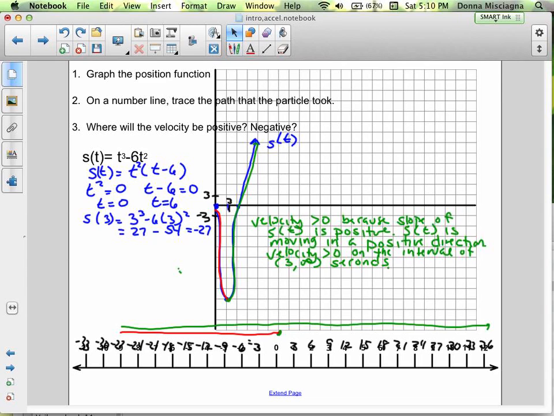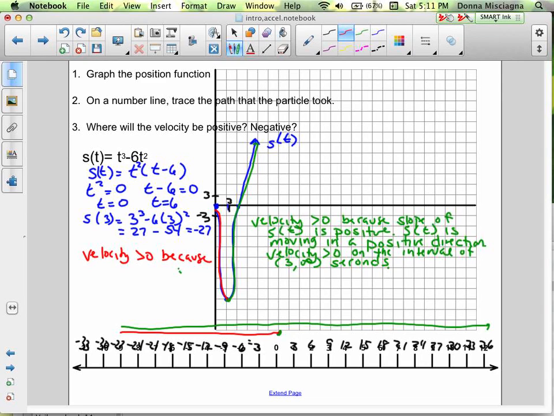Right here is where our velocity is negative. So velocity is negative, less than 0, right where we're red here, because the slope of s of t is negative.